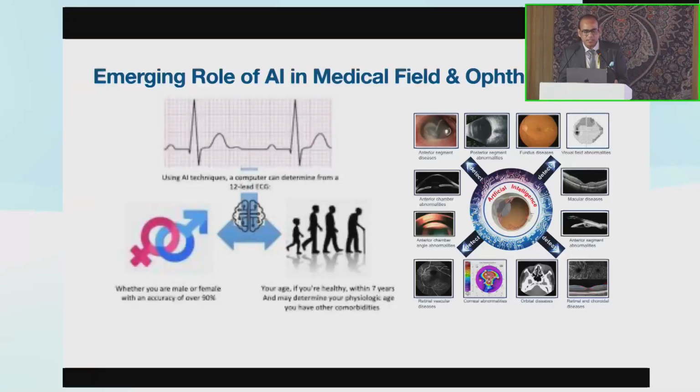There is an emerging role of AI in the medical field and ophthalmology. There is accuracy in looking at the fundus, whether the person is male or female, and looking at the ECG, cardiac anomalies can be detected using AI-based CNN algorithms.